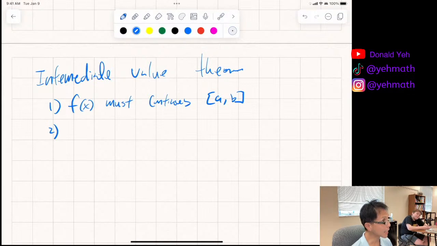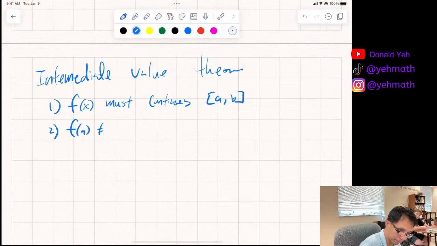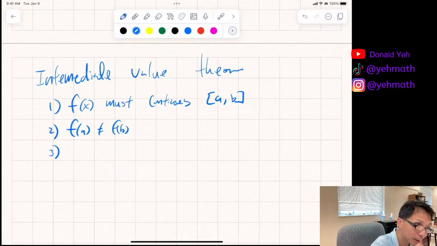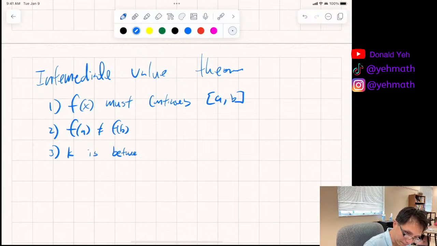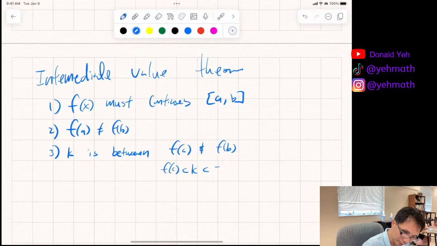I'm going to do the next one. The next one says f of a does not equal f of b. The third one says there's a value k between f of a and f of b. The notation is k is between f of a and f of b.